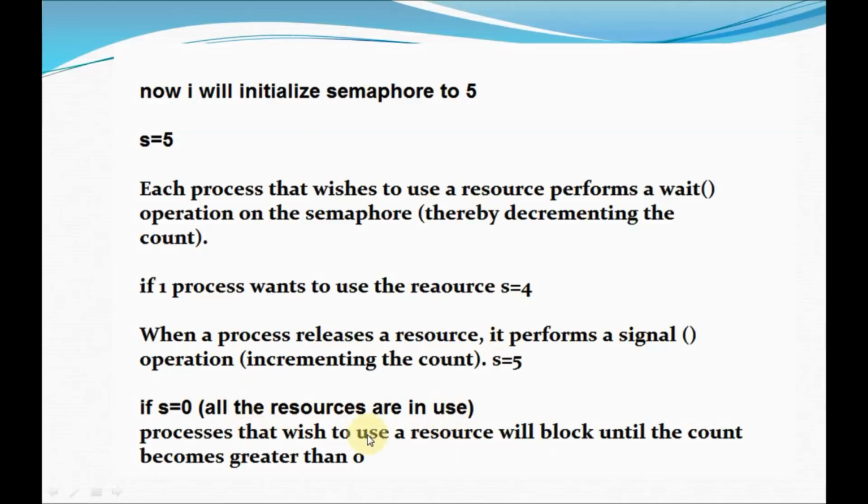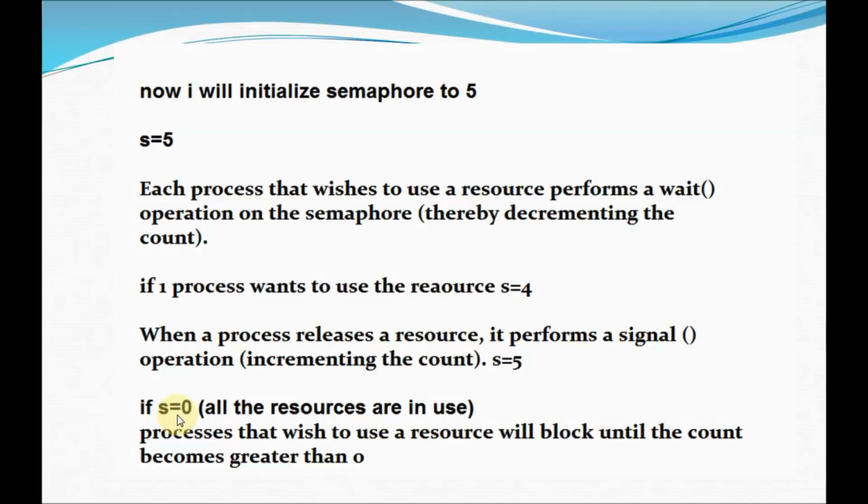The new process that is requesting the resource should wait. How much time should it wait? It should wait until the count of S becomes greater than 0. Either it can be 1, 2, 3, 4, 5, whatever the value may be, but it should be greater than 0.